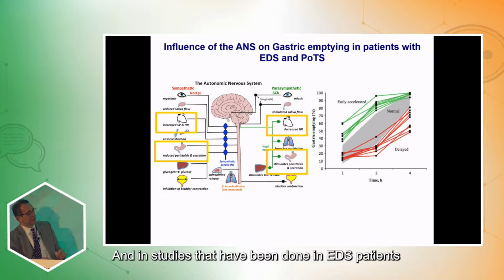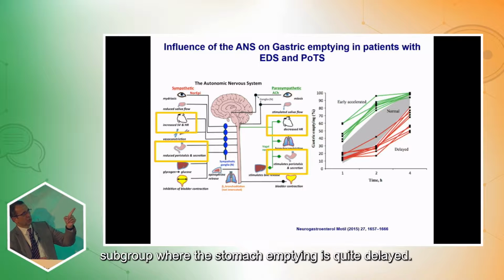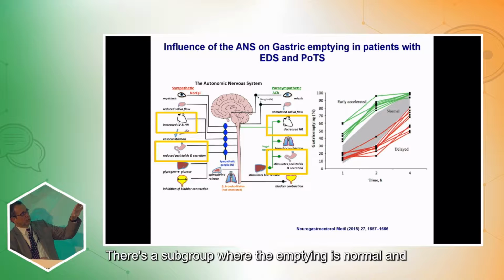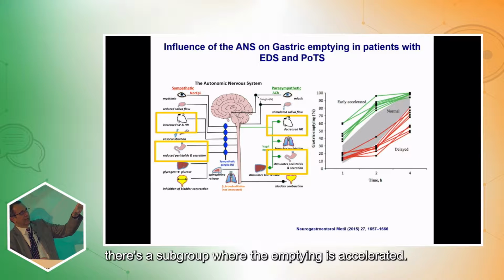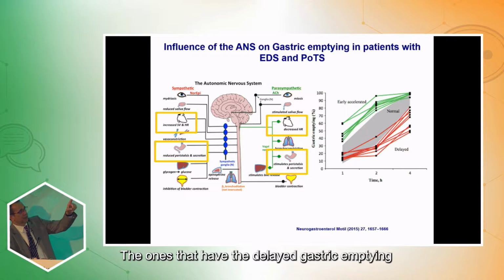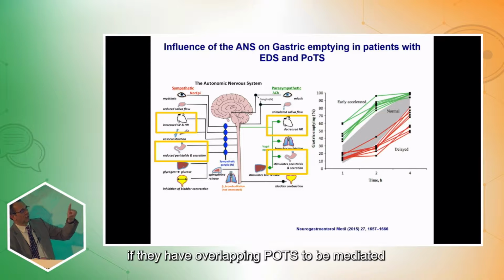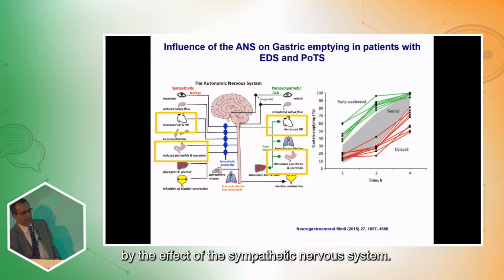And in studies that have been done in EDS patients and those with POTS, there is a subgroup where the stomach emptying is quite delayed, there's a subgroup where the emptying is normal, and there's a subgroup where the emptying is accelerated. So they have more rapid gastric emptying as well. The ones that have the delayed gastric emptying are likely, in some cases, if they have overlapping POTS, to be mediated by the effect of the sympathetic nervous system.